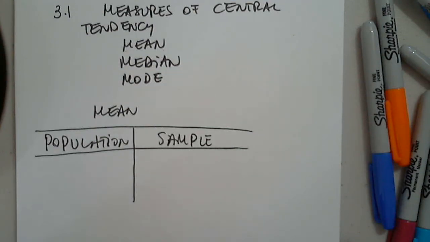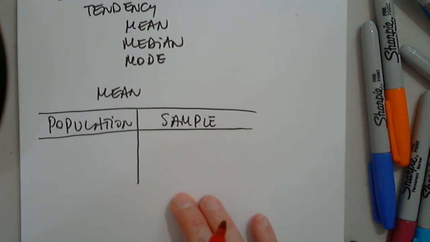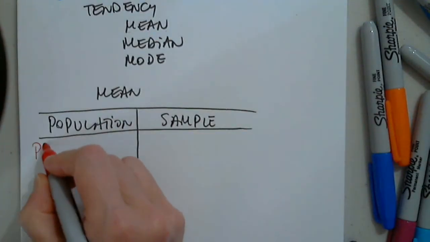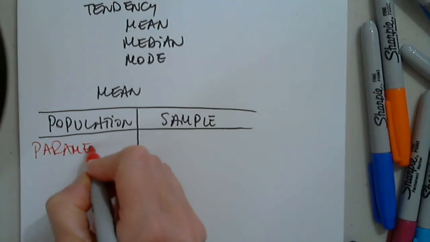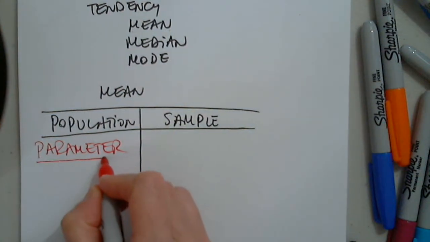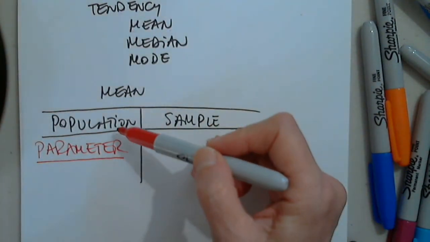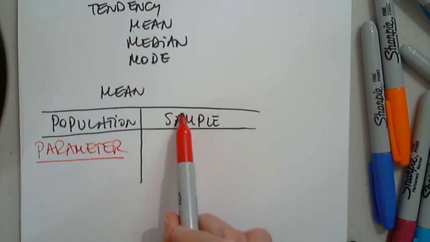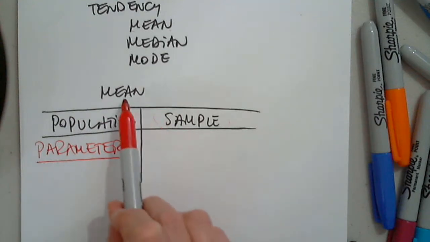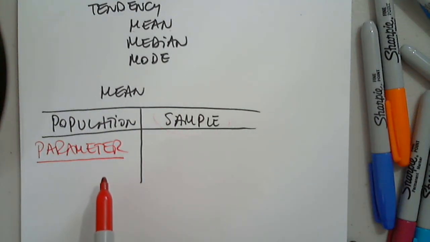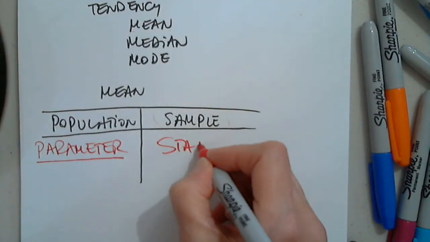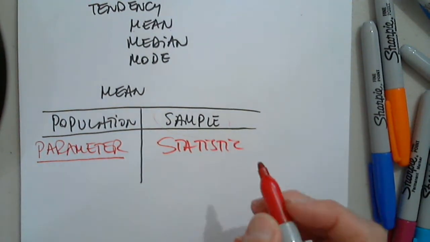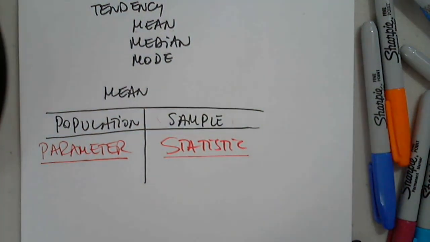Anyone remembers that word? Okay, parameter. So the population mean is a parameter. It is not known. What word did we use for the sample mean? Statistic. Very good. Who was that? Emma. Thank you. Yes, indeed. So please remember.